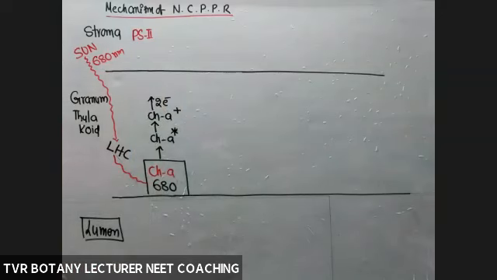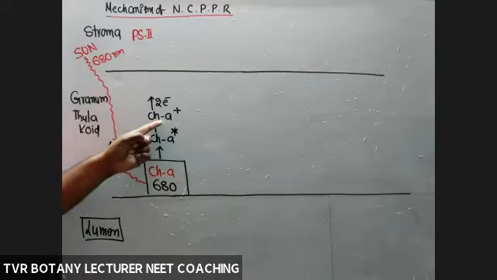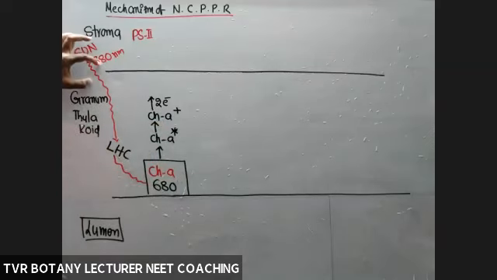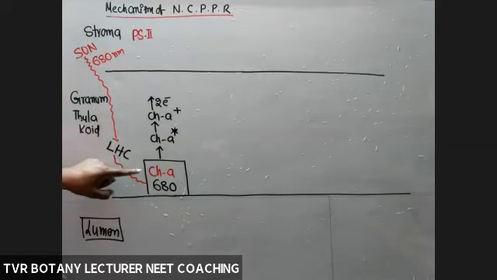Once the energy levels of electrons are increased, what about the electron ejected from the atomic nucleus of the chlorophyll A molecule? What is the role of light in increasing the energy levels of electrons present in chlorophyll A? Now 2 electrons are donated by the chlorophyll A molecule.